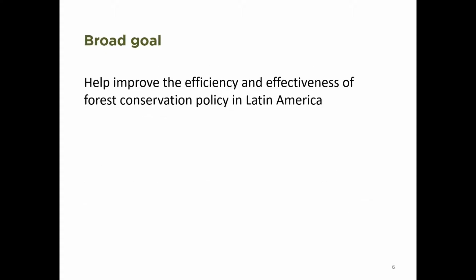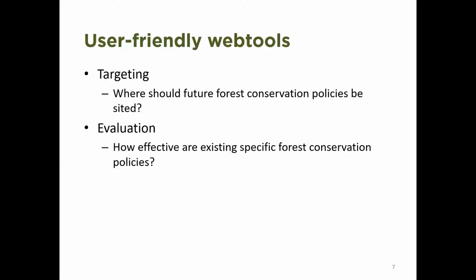And that's the broad goal of these tools. It's to help improve the efficiency and the effectiveness of forest conservation policy in Latin America. So we've built two user-friendly web tools. One is for targeting forest conservation policies, that is identifying the places where these types of policies are going to generate the greatest conservation bang for the buck.